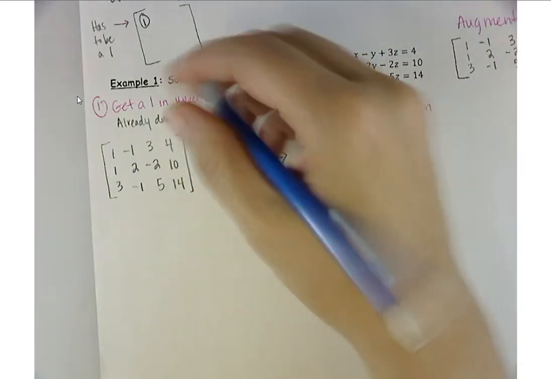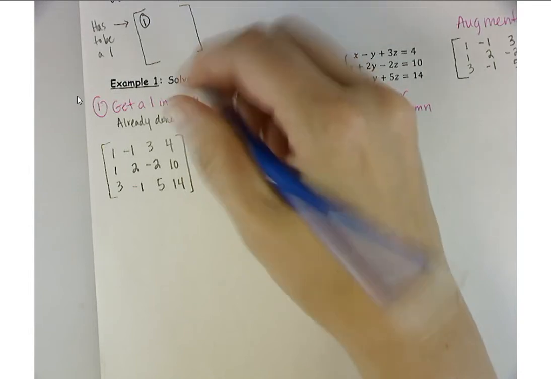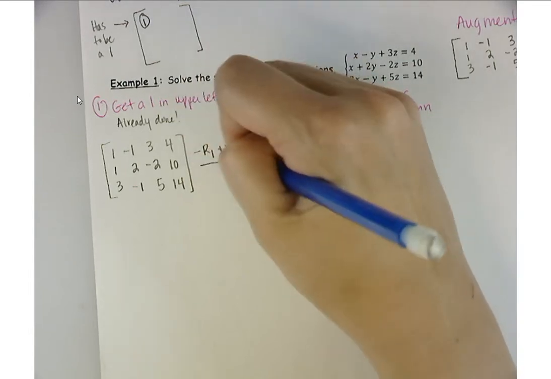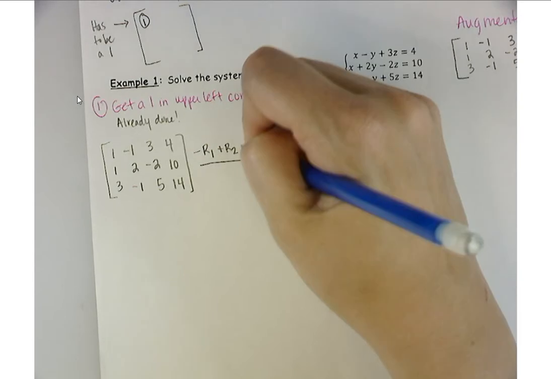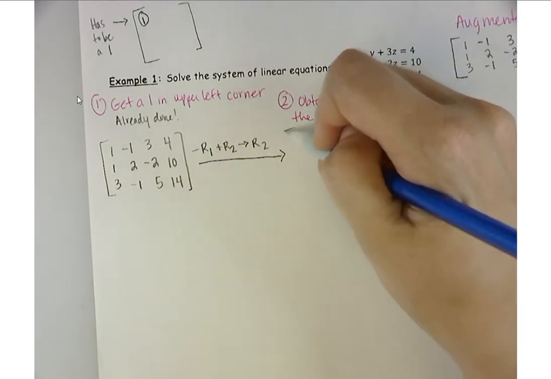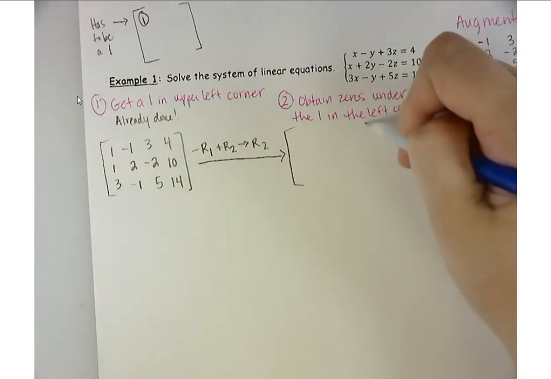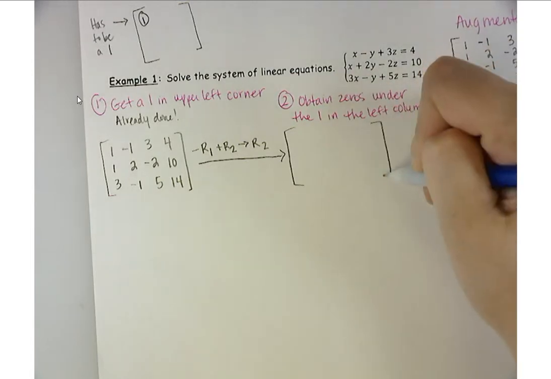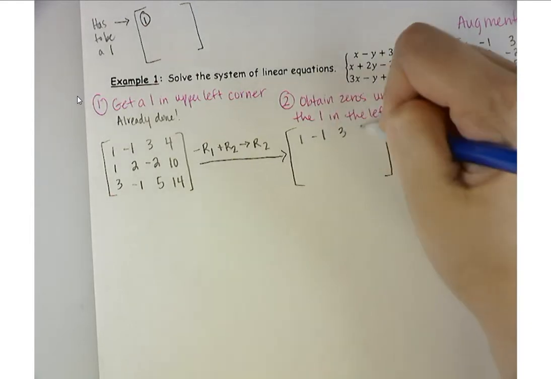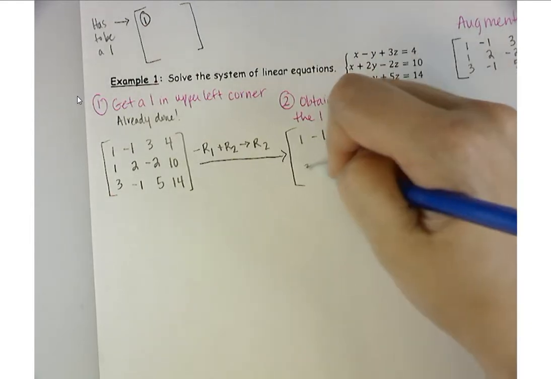Okay, so you can multiply row 1 by -1, and then you can add that to row 2, and then that result will go in row 2. So since I'm only changing row 2, the first thing I do is I just put in my other columns because I know I'm not changing those.